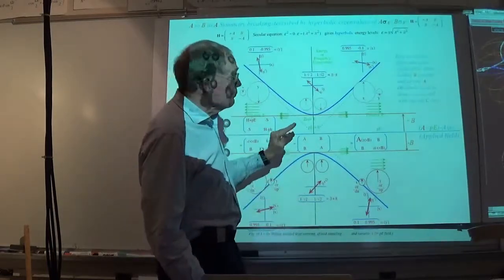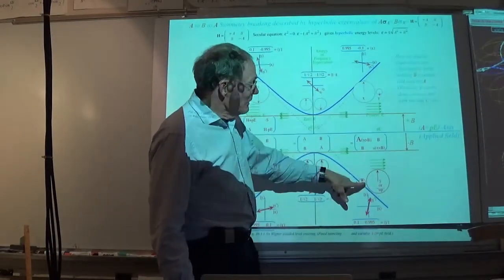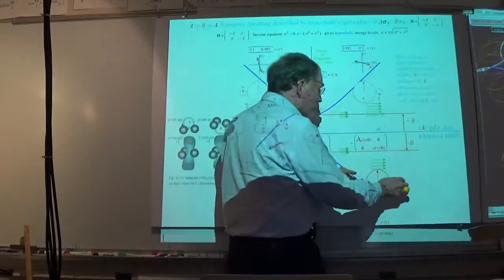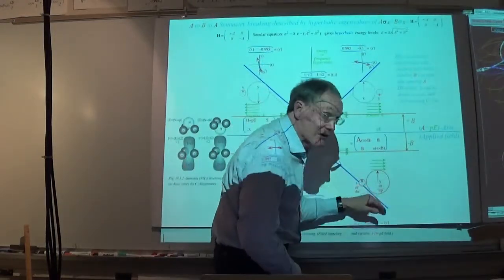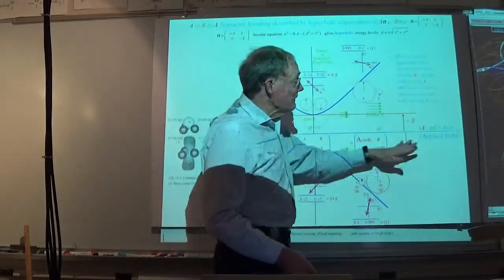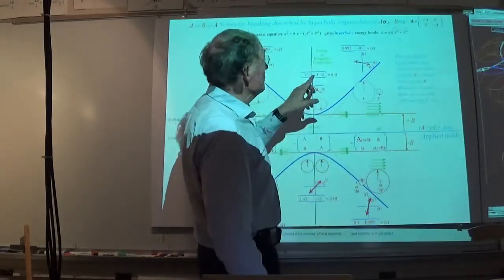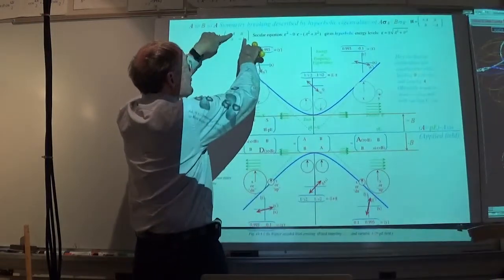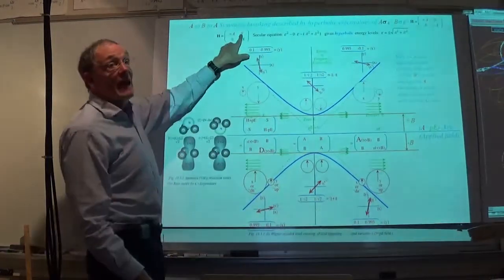But this is just if you gradually turn on a field, your ground state's going to get more and more over like this and get lower and lower in energy. Until finally, if you really have a big field on there, if you really have a big difference between this and this, who cares about that anymore?